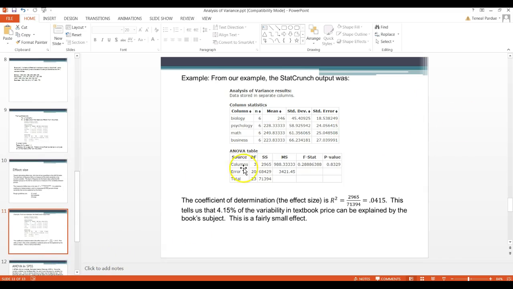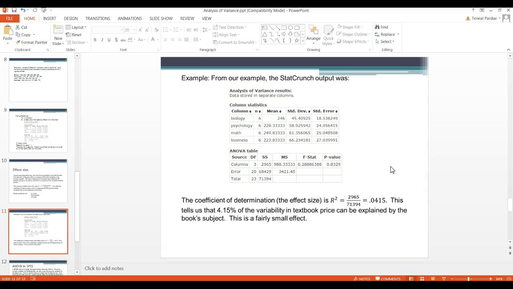So, in this case, we've got sum of squares for the columns, the factor, is 2965, divided by the total sum of squares, which is 71,394. That gives us 0.0415. So 4.15% of the variability in textbook price can be explained by the subject of the book, by the discipline.